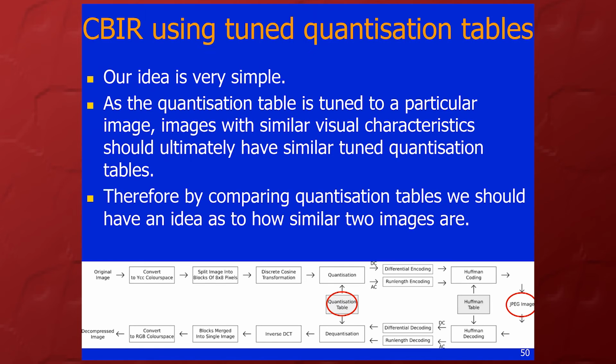So we can use a similar kind of idea again, very, very simple. We can use the quantization tables directly for the purpose of image retrieval. That again means that we access just the header basically of the JPEG file, because that's where the quantization table is essentially stored.